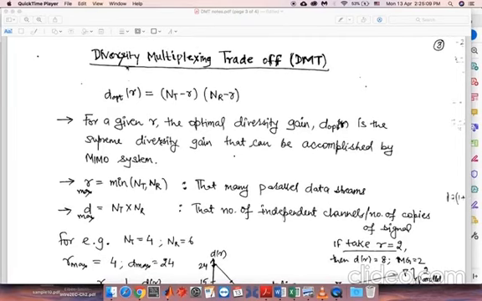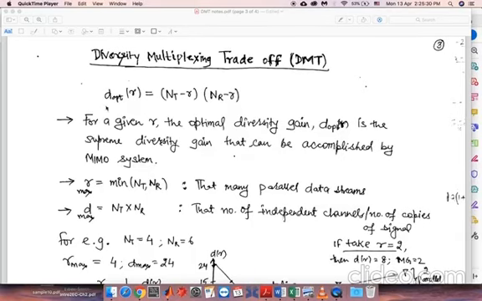So how do we solve a trade-off? We need to provide the optimal solution: minimize D and maximize R, or minimize R and maximize D. In between, we need some optimum solution so that we can achieve D as well as R, right?